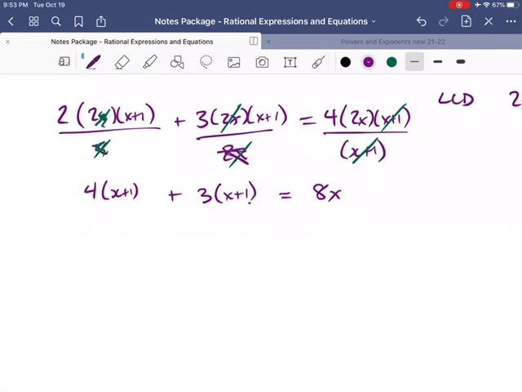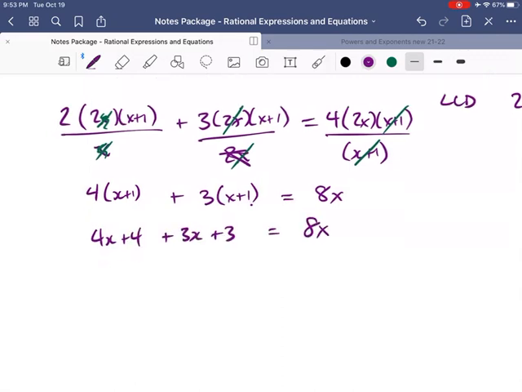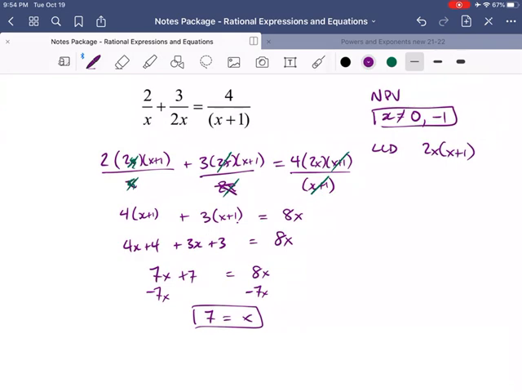So we have to continue our algebra here. 4x plus 4 plus 3x plus 3 is equal to 8x. So you've got 7x plus 7 is equal to 8x. If you subtract 7x, you've got x equaling 7, which is our solution. And we've also got our non-permissible values, so we are good to go.